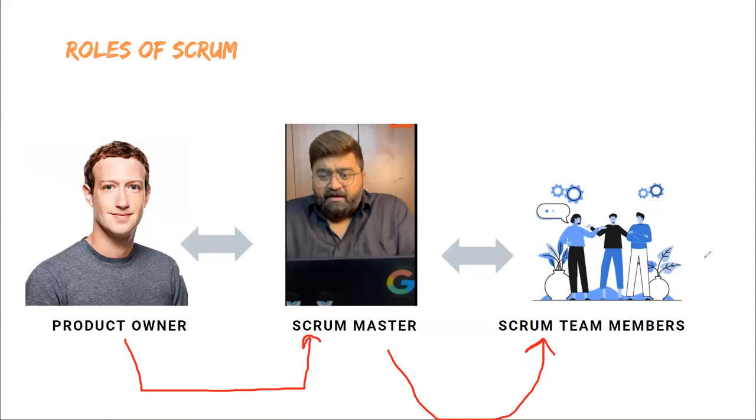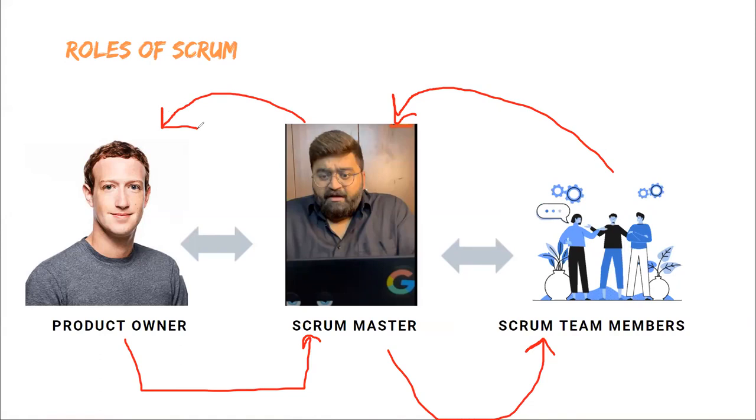After some months, these Scrum team members work on it and deliver the application to the Scrum master again. The Scrum master takes the application from the Scrum team members and shows a demo to the product owner. So this is how Scrum actually works. How many roles are there in your Scrum? 3 roles. What is the first role? Second role?